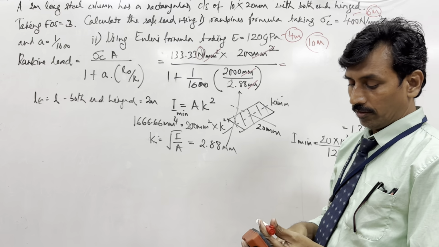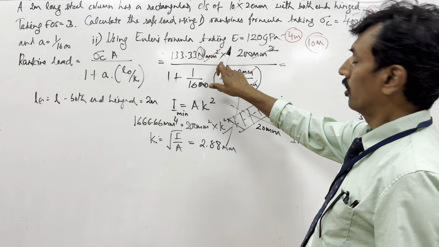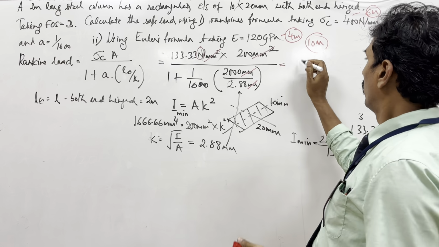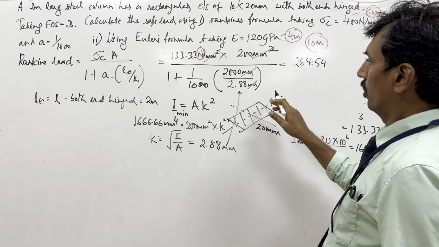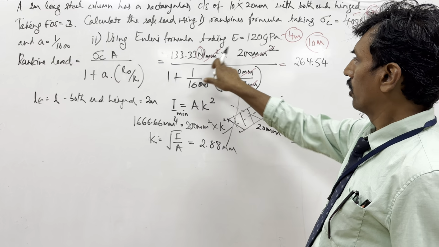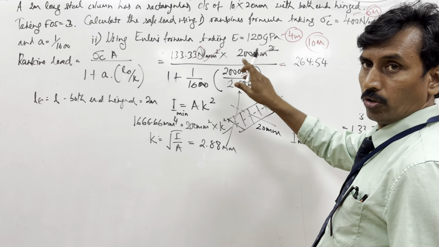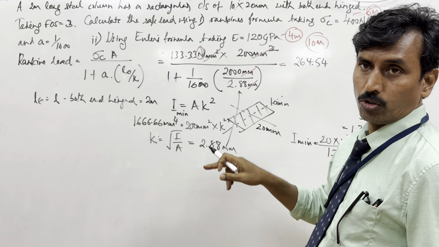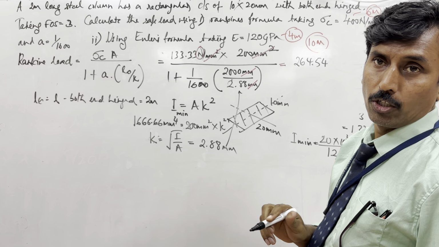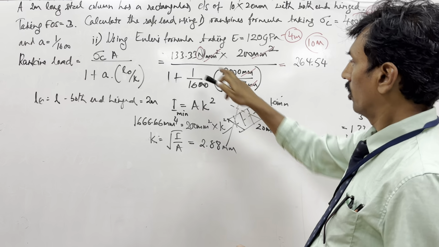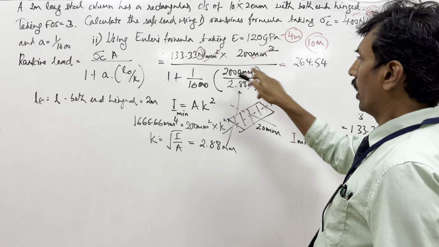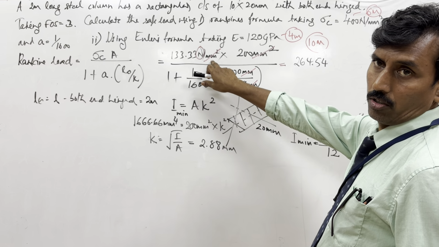Yes, sir. 264.54 divided by 3, 88.18. I think you already divided, no? You already divided and you got this 264. Don't divide twice. We substituted 400 directly itself. After that, we divided.